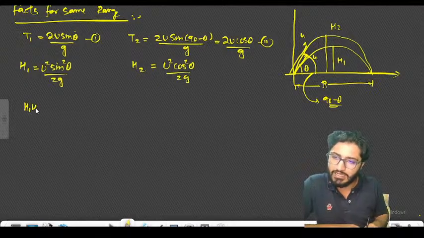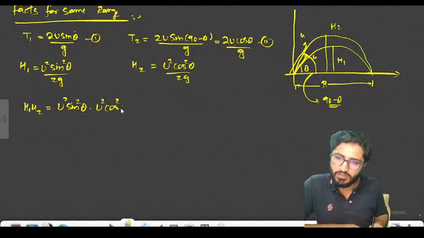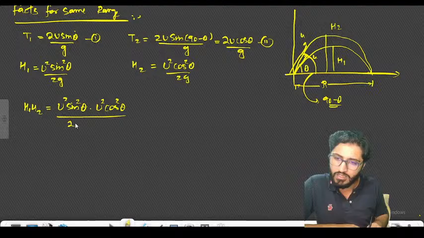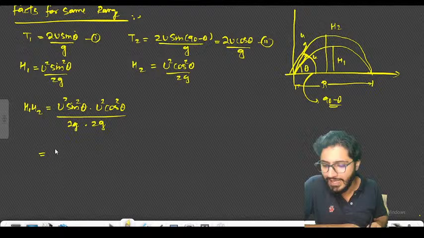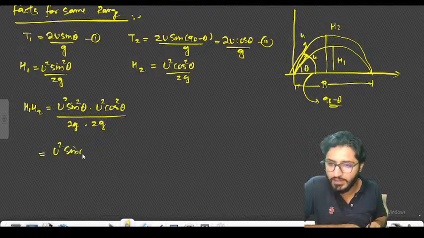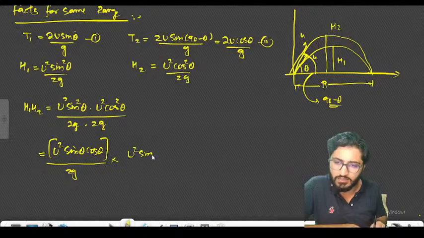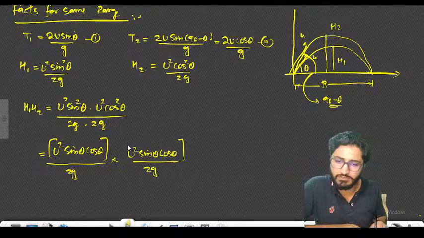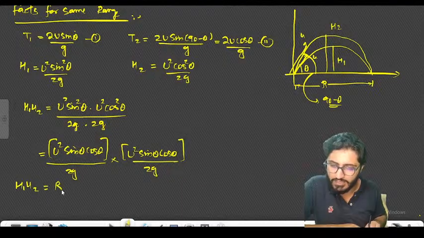Now, if I multiply these two heights, h1, h2, I get u square sin square theta multiplied with u square cos square theta, divided by 2g multiplied with 2g. I can write it as u square sin theta cos theta whole divided by 2g, multiplied with u square sin theta cos theta by 2g. Can I write like this now? H1 h2 becomes, now it is R by 2.